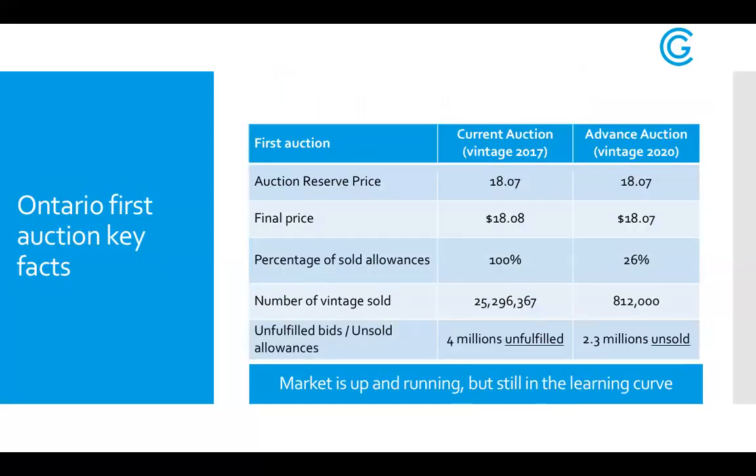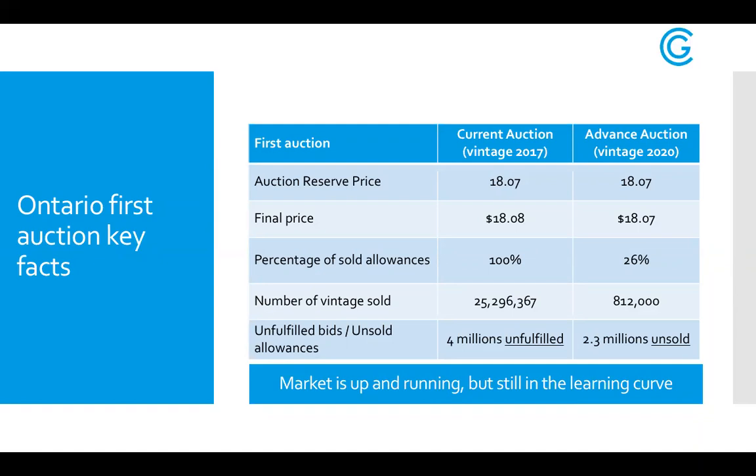So now when we look at the results of the recent auction, one of the main things that we observe is we first look at the reserve price. So the minimal price that you were able to place a bid on was $18.07 Canadian dollars, which was slightly above the previous auction on the Quebec and California market, which was at $17.84.